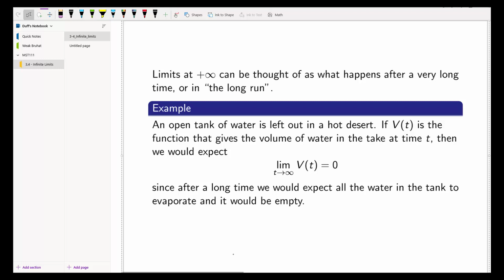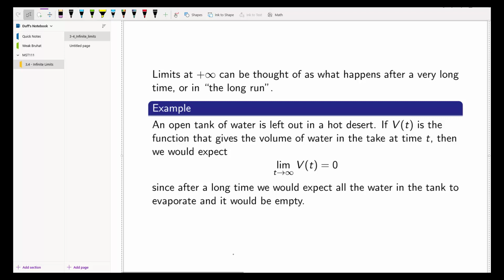And a nice way to think about this is that very often in applications we can think of a limit at positive infinity as what happens in the long run, or what happens if you were to wait a long time, what would the outputs approach.